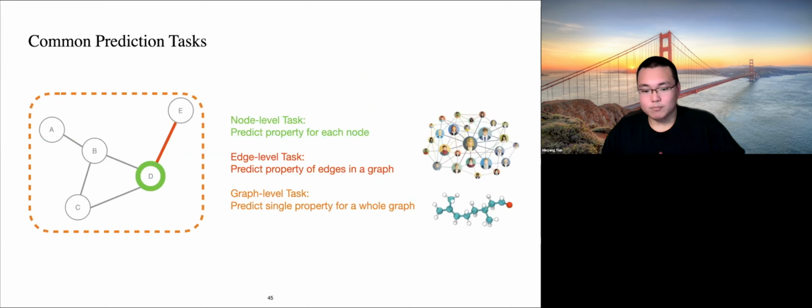There are three general types of prediction tasks on graphs: graph level, edge level, and node level. For graph level tasks, we predict a single property for a whole graph. For edge level, we want to predict the property of edges in a graph. And for node level, we want to predict a property for each node.